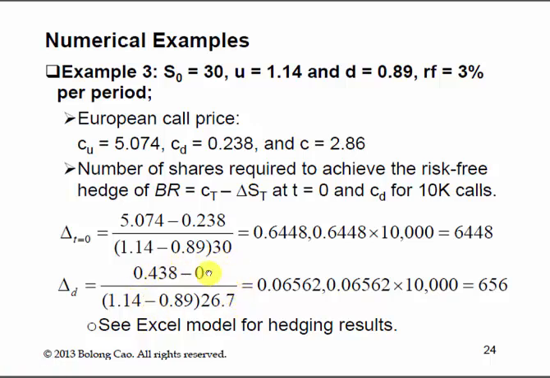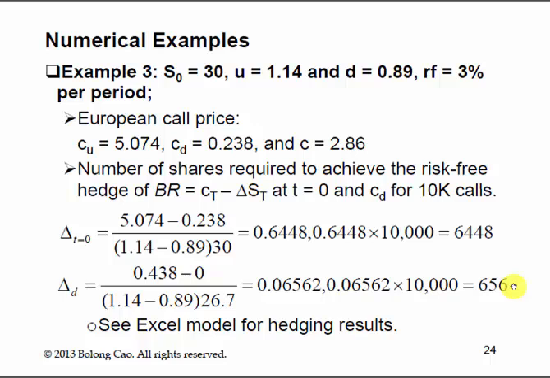It's a different delta, which means for the same 10,000 calls, to achieve a risk-free hedge, we only need to sell 656 shares. That's this delta 0.0656 times 10,000.